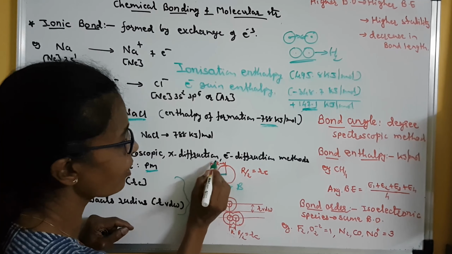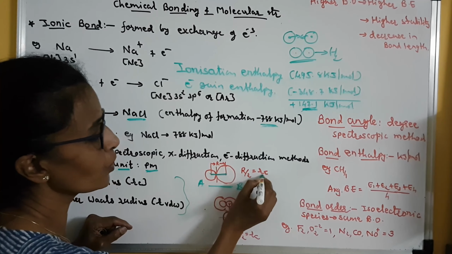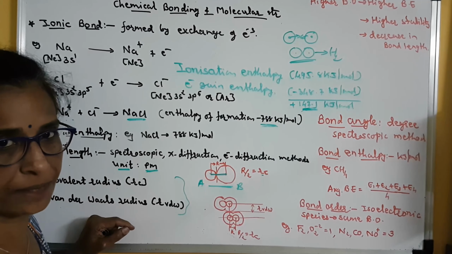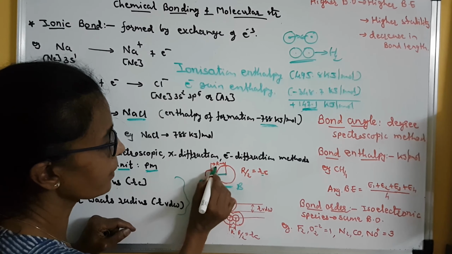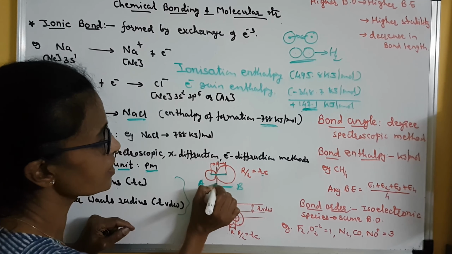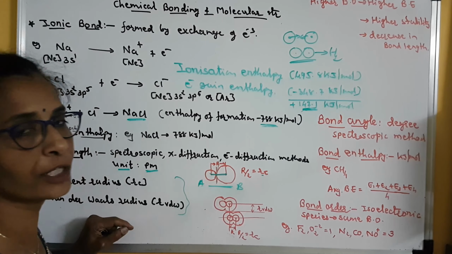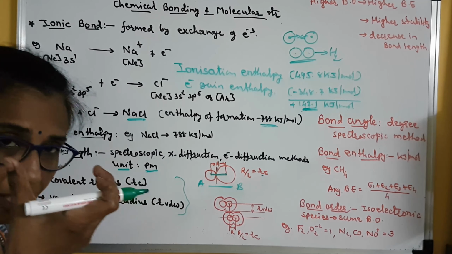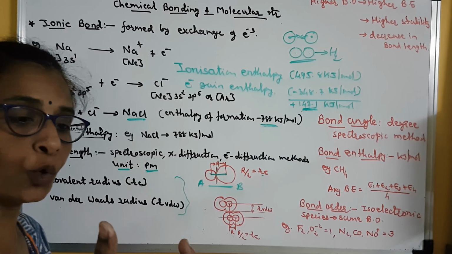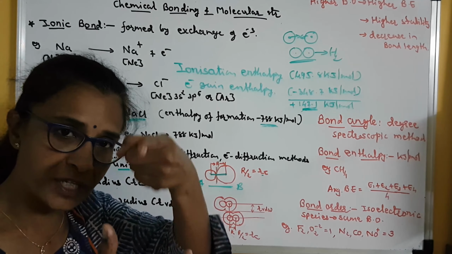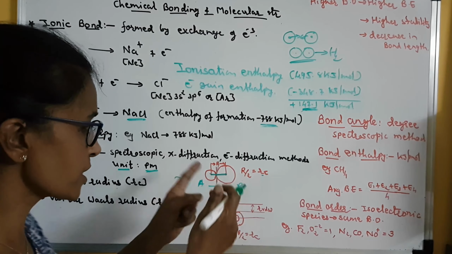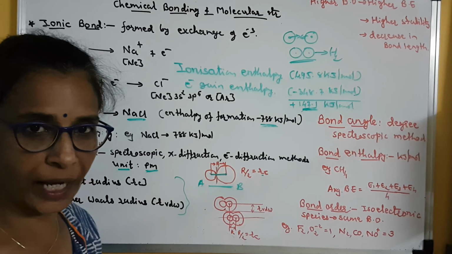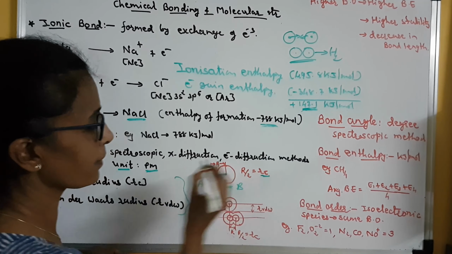But half of this R is known as the covalent radius. Clear? Covalent radius is half of the distance between the two bonded nuclei. So bond length is the equilibrium distance between the two nuclei, and covalent radius is half of this distance between the two bonded nuclei. Clear? So that is covalent radius.